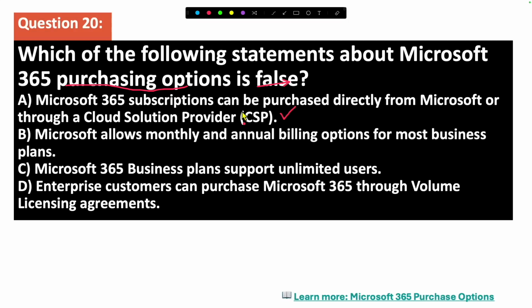That is another way you can buy Microsoft services, where these resellers or cloud solution providers can wrap additional services, like add-on services or managed services, around Microsoft services. To give you an example, you are a small business and you want 200 Microsoft 365 licenses.